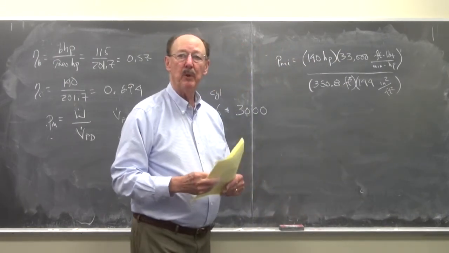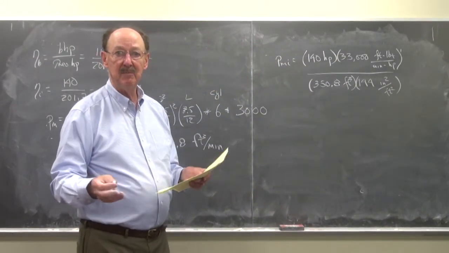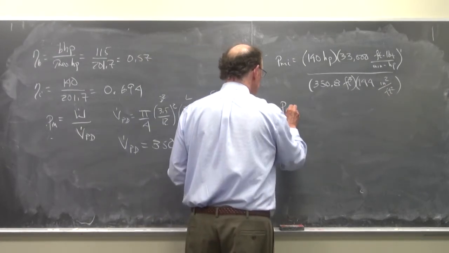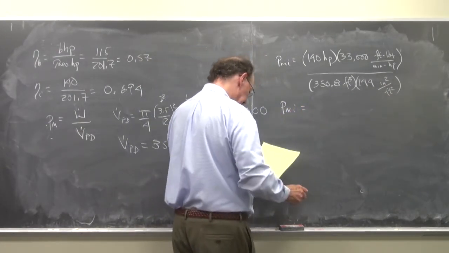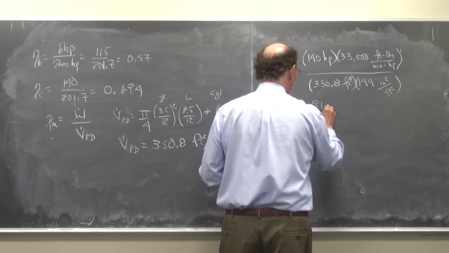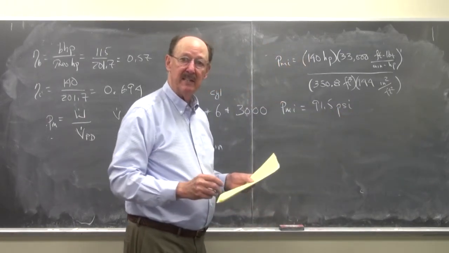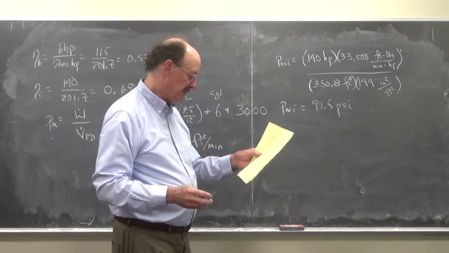I wanted to put in all these numbers so you could see the units cancel out. So I'll get the indicated mean effective pressure is equal to 91.5 psi. This is just psi. It isn't psi-G or psi-A, it's just psi.